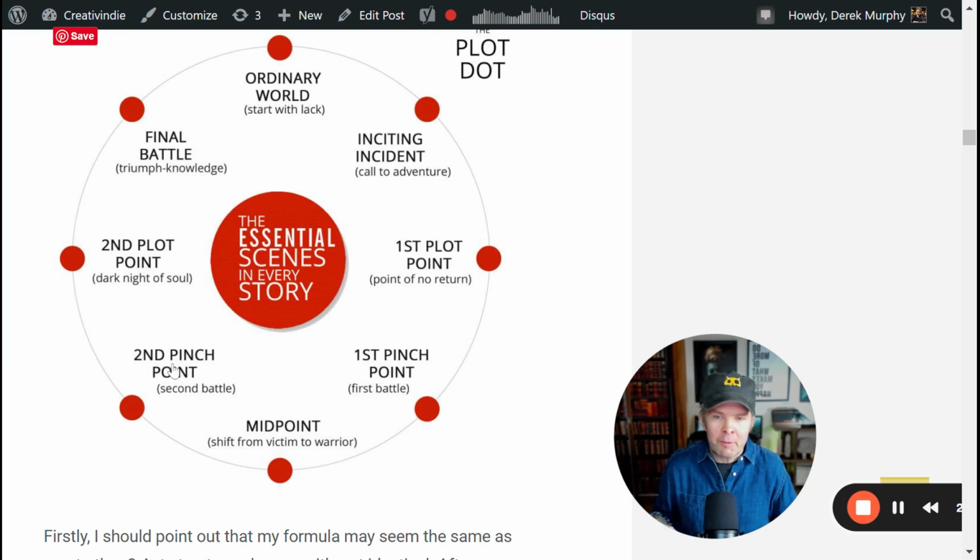Probably something bad happened here. Maybe here's where they met the antagonist for the first time. The villain reveals himself. I also somewhere say that you don't really want to show the villain's face. And even when you do, like at the midpoint, you might think you know who the villain is or what the problem is or the thing that you need to do, but that's probably flawed information.